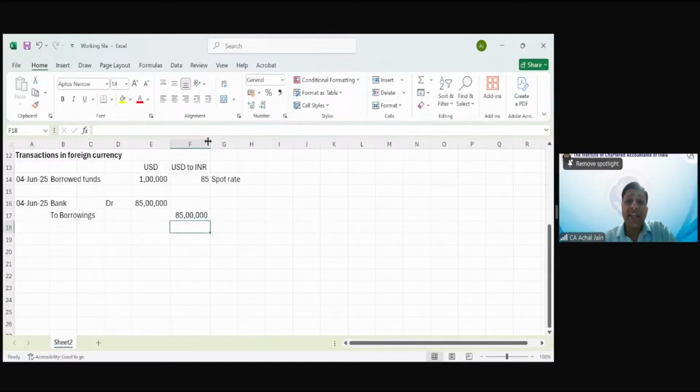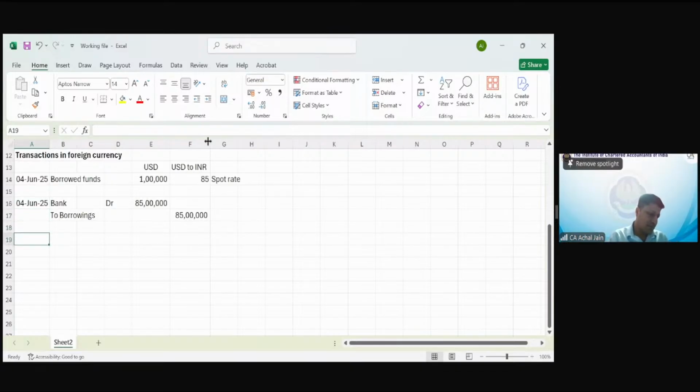So if there is any transaction in foreign currency, this is the principle you will have to apply. Convert it using the rate of the date of the transaction, or in other words, using the spot rate. Clear?